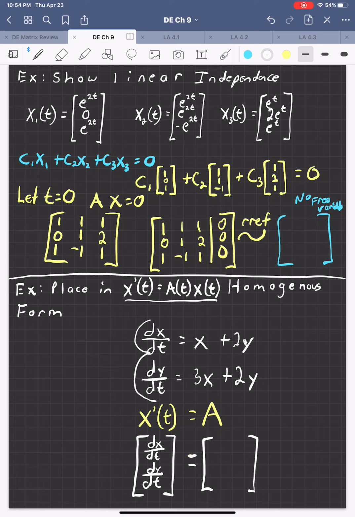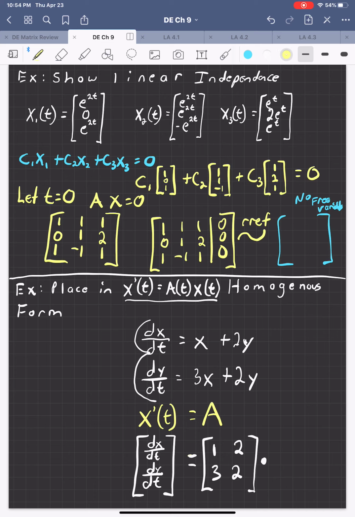So let's start with 1, 3. Notice the x variable represents one of the columns of matrix A. And now we're just simply going to take the y variables, and that's going to end up making another column of matrix A. So 2, 2. All right, so that's A.